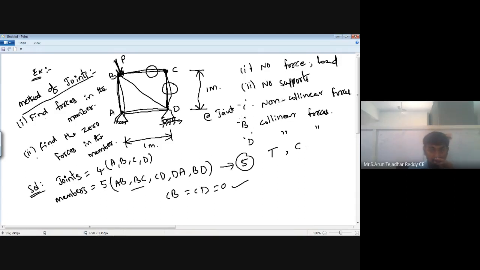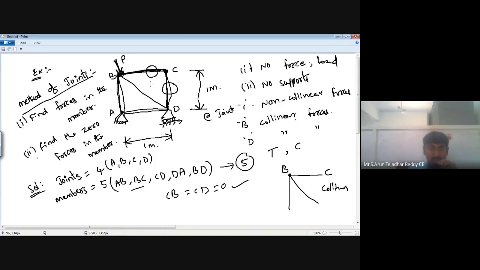Okay. See, first of all, collinear means if we take any joint, that joint having at least three members, then it is called collinear forces. Example, if you take joint B: from joint B to joint C, one member is acting.